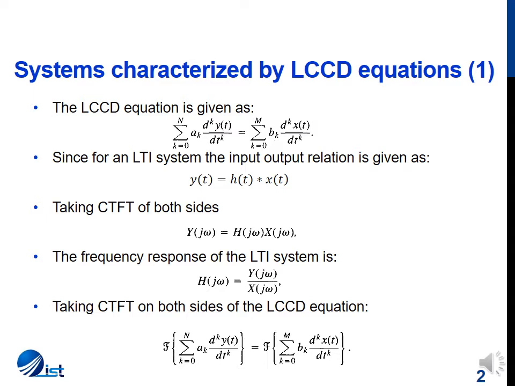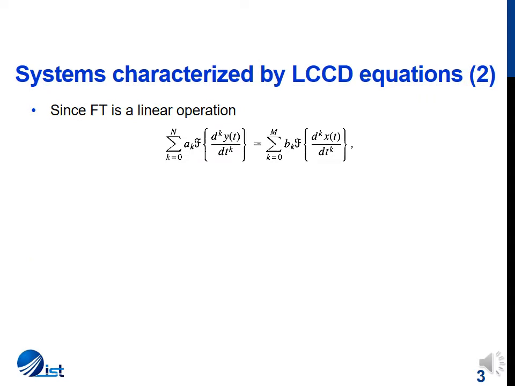Now similarly, we will take the Fourier transform of the linear constant coefficient differential equation such that we can have H(jω) from this expression. Since Fourier transform is a linear operation, the constant coefficients a_k and b_k are taken outside the Fourier transform operator.